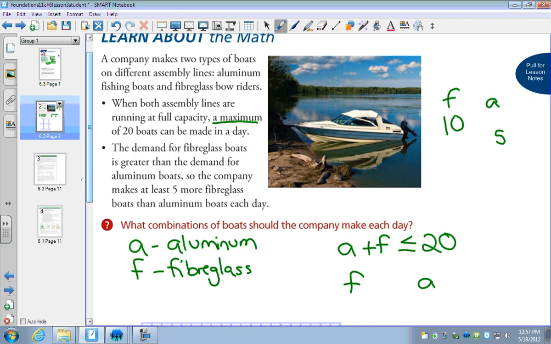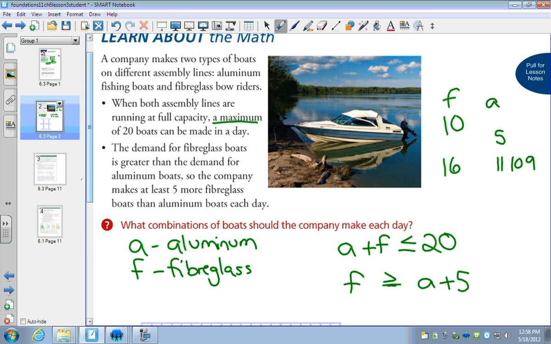If I made 16, then I make 11 or 10 or 9. So you'll notice that fiberglass is always going to be equal to, or maybe even greater than or equal to, A plus 5.